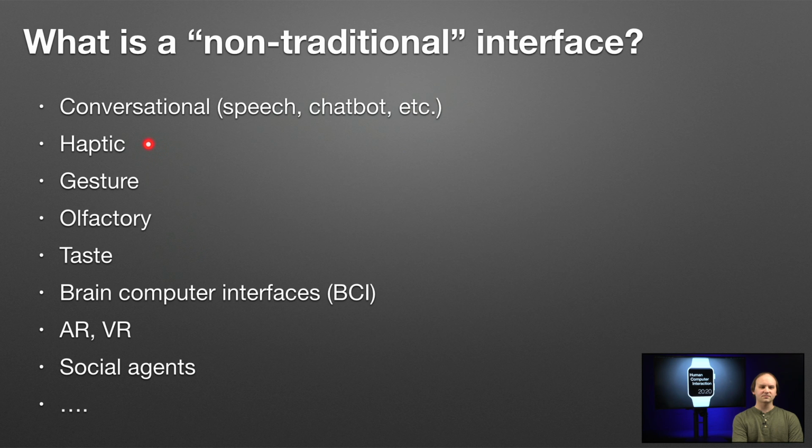Haptics, gestures, sense of smell and taste. We talked about brain-computer interfaces a little bit. Augmented reality, virtual reality, social agents, so robots or avatars. We'll focus on these next week, so I won't talk about those in this lecture. But this is the area we're in when we think about non-traditional interfaces.